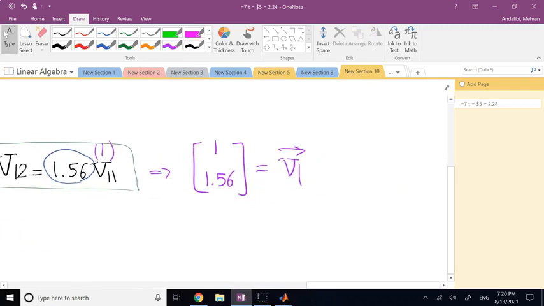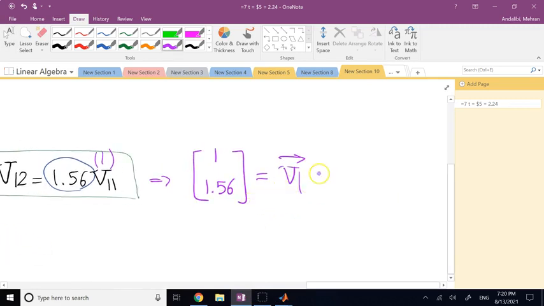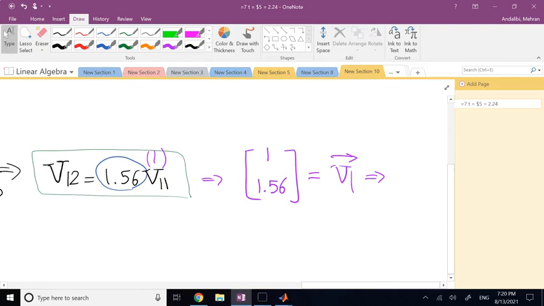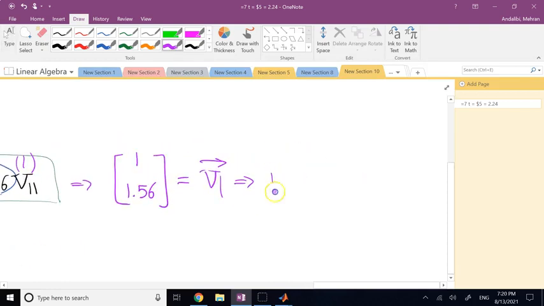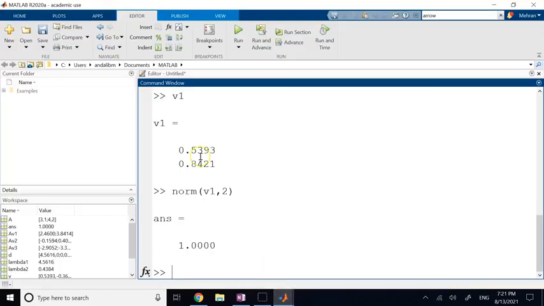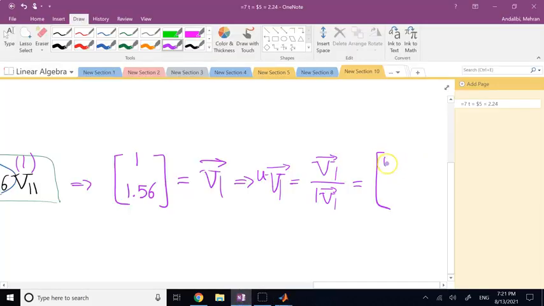So what they do instead is divide this vector by the magnitude of it, right? And that way they choose the final V1 vector. So instead they replace it with V1 over the magnitude of V1. This is what MATLAB does, and it gives you a unit vector for V1. And if you do that, you should get what you have here, 0.54 and 0.84.